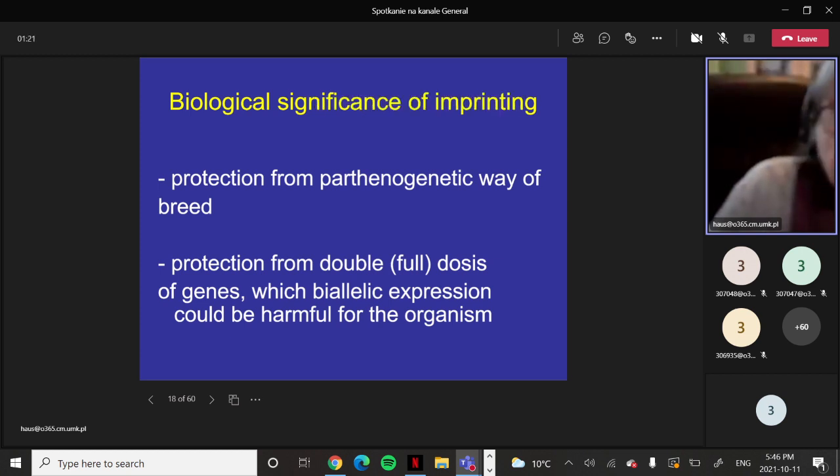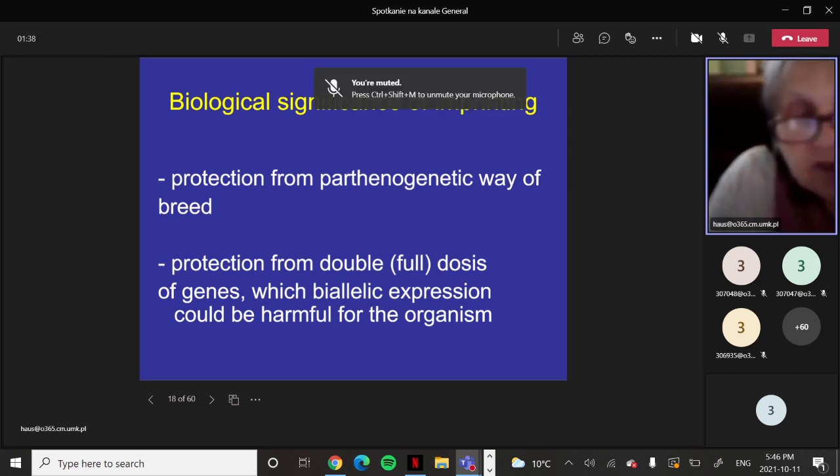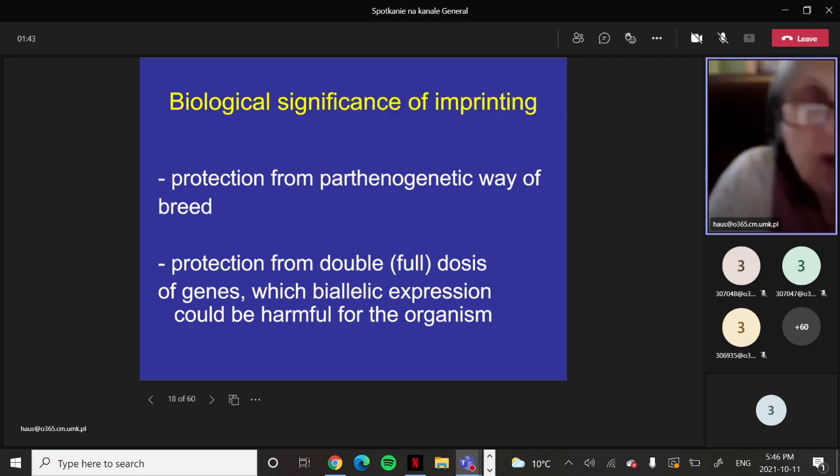So it's better to have, for example, crossing over or something like this type of mechanism than the same genetic material from one generation to the next generation, because the environment changes all the time.